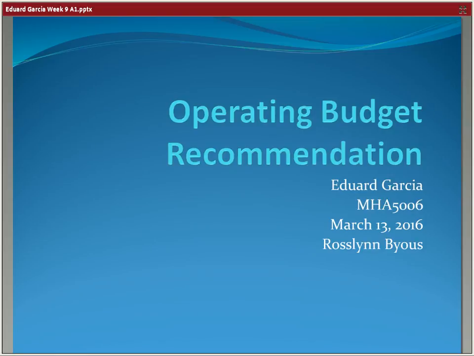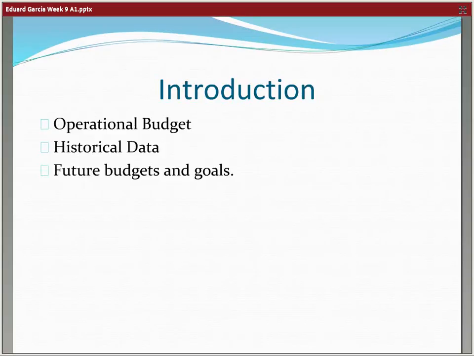Today I'm going to present the operating budget recommendation for 2011. The operating budget is the amount of money the nurse department will need for 2011, and it will base the budget on the historical data of 2008, 2009, and the projected expenses for 2010.